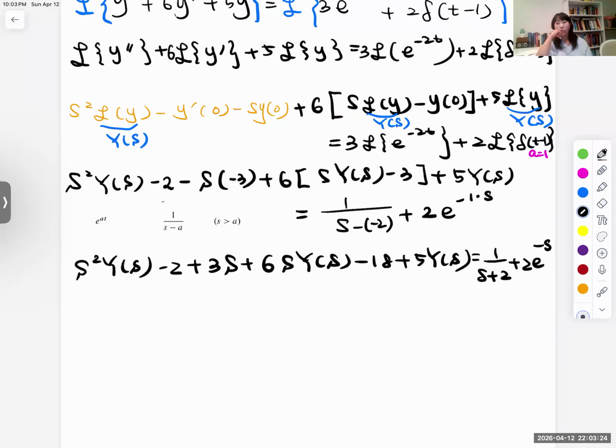Make one line. Please correct me if I make a mistake. I cannot see. We cannot see.